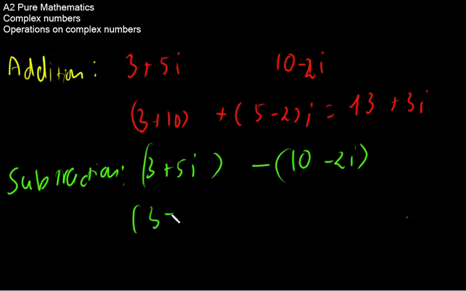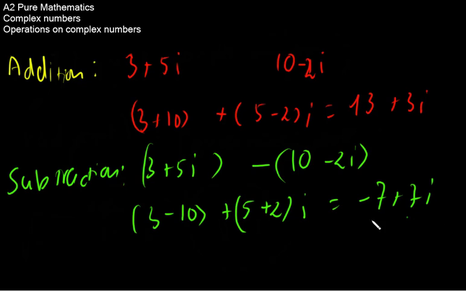So here we have 3 minus 10, and plus 5 minus minus 2, so it's 5 plus 2 because it's a double negative, so that is a positive, times i. So this gets us minus 7 plus 7i. So addition and subtraction is basically operating on the real part and then on the imaginary part, and you get your answer. Now what about multiplication?